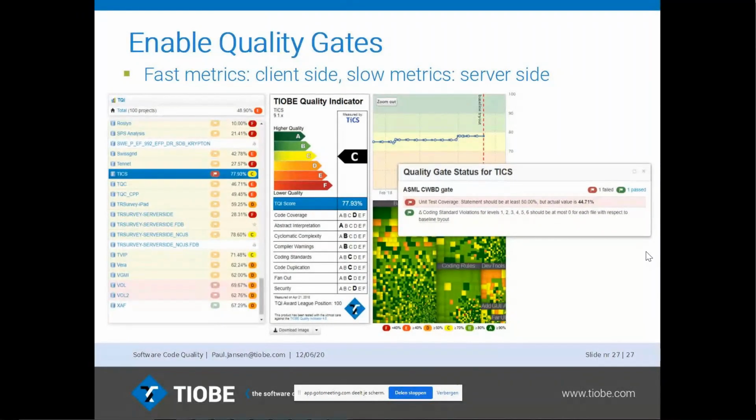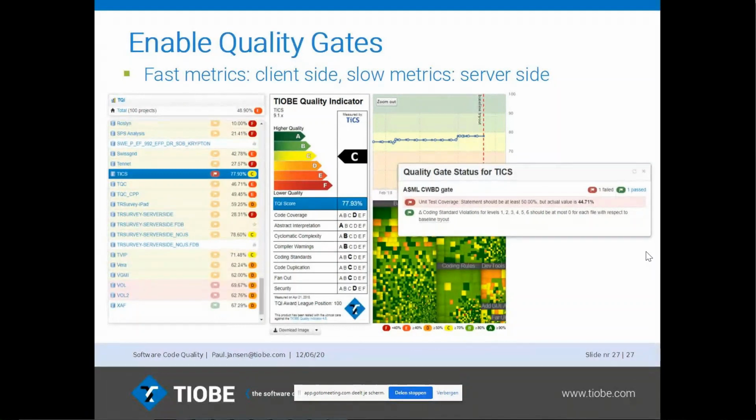But the slow metrics, and there are slow metrics, I can give you an example in a second, you shouldn't run on the client side, because you don't want to block the engineer from making progress by running something that takes 3 hours every time the engineer wants to commit something. So that's something you have to do during your nightly build or something like that, and then you can trigger that.